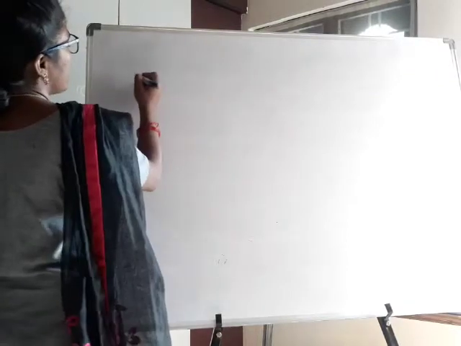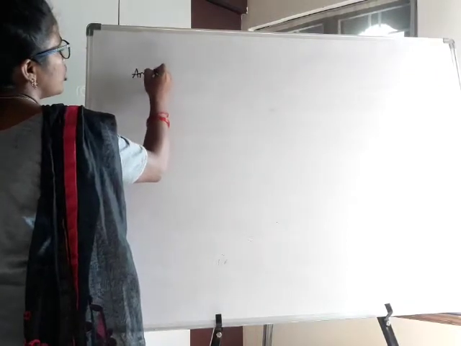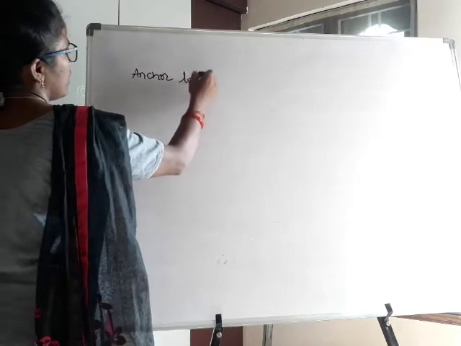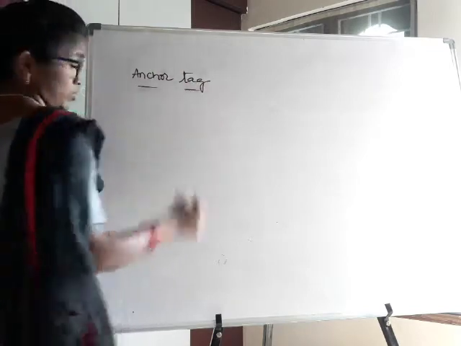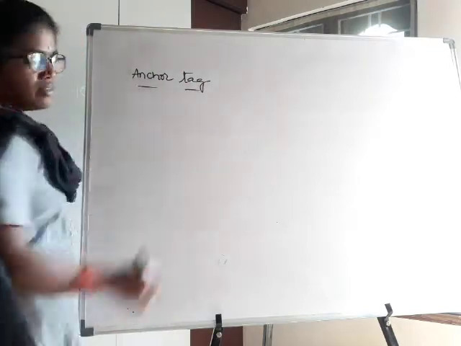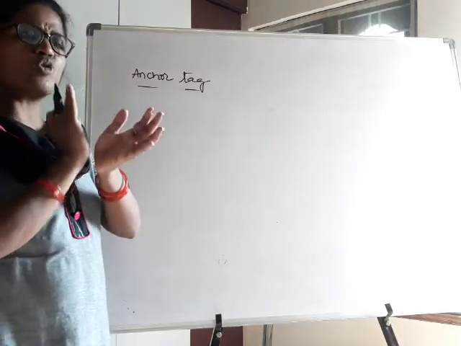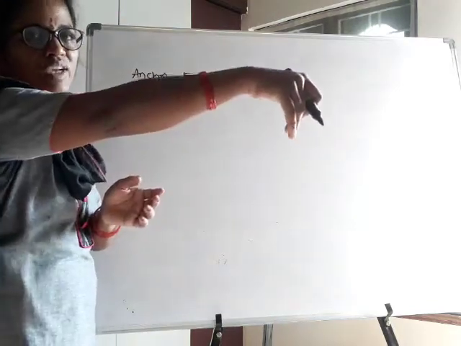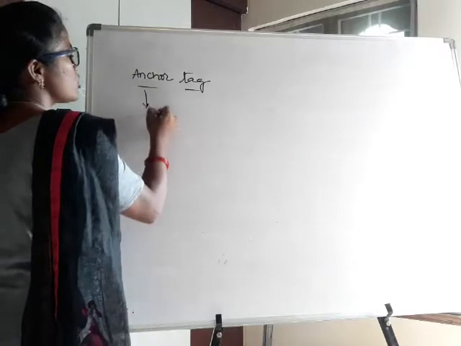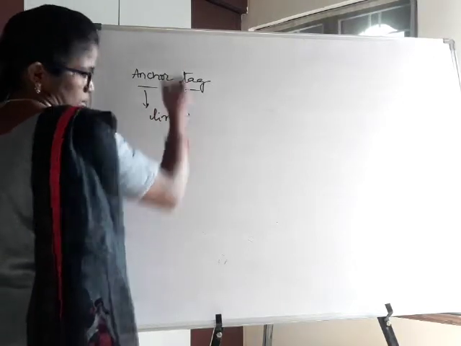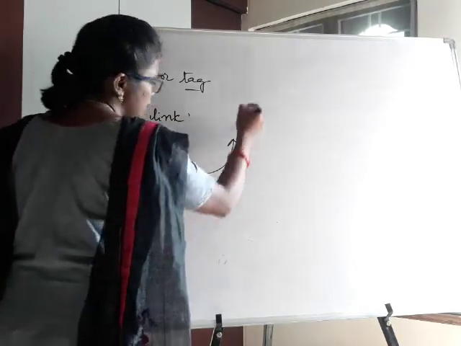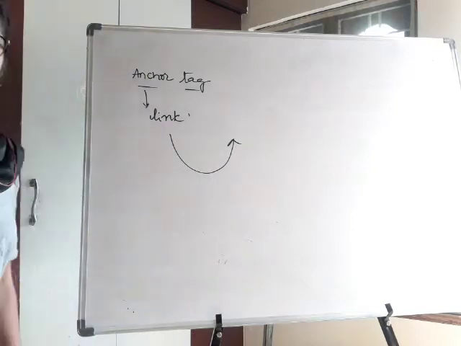So next tag, I want to explain about anchor tag. It's very different, no? Anchor. So anchor means it has to hold something else. So it is used to link to some other thing. So I can move from one web page to another page using an anchor.